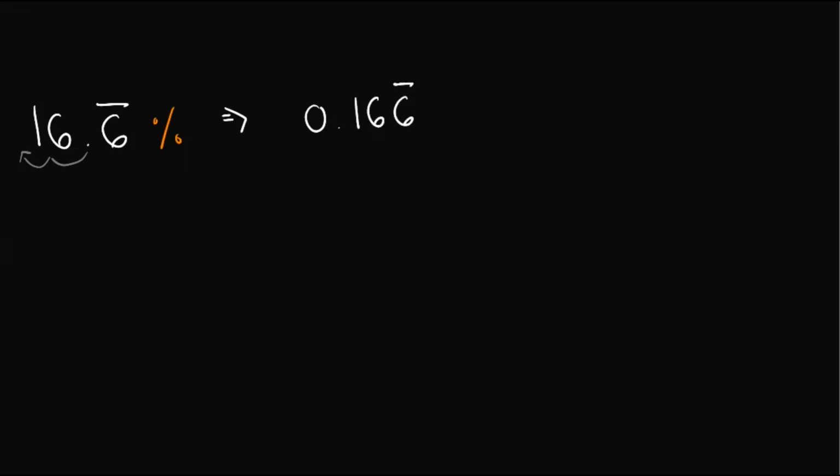Now observe here that we can actually put the bar here instead, since it's the same number. So this one would be equal to 0.16 with a bar. So just take note of that to simplify things.